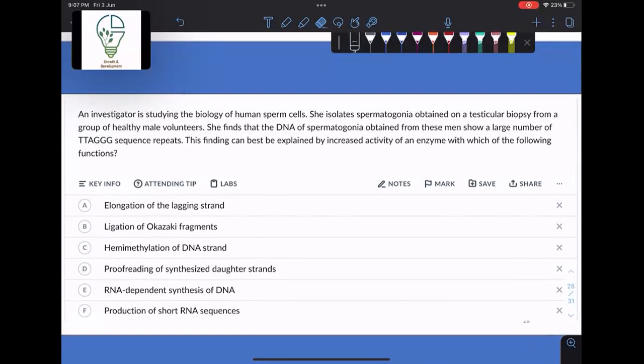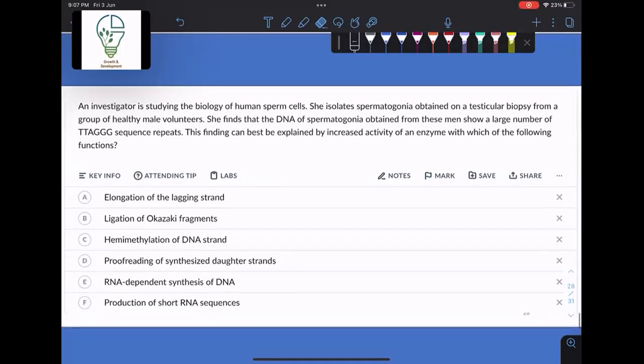She finds that the DNA of spermatogonia obtained from these men show a large number of TTAGG sequence repeats. This finding can best be explained by an increased activity of an enzyme with which of the following functions? Now, remember, the question says that there are repeated TTAGG sequences on these sperm cells. Okay, so which one of the following would you think is defective?